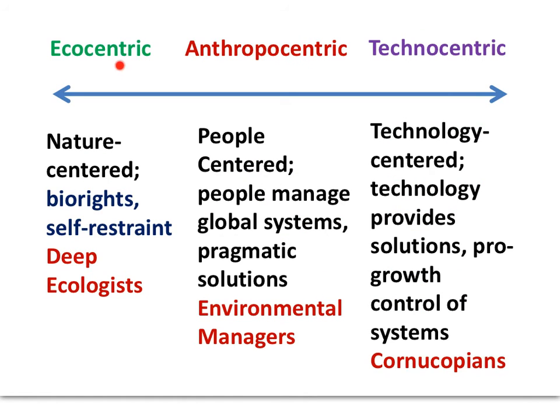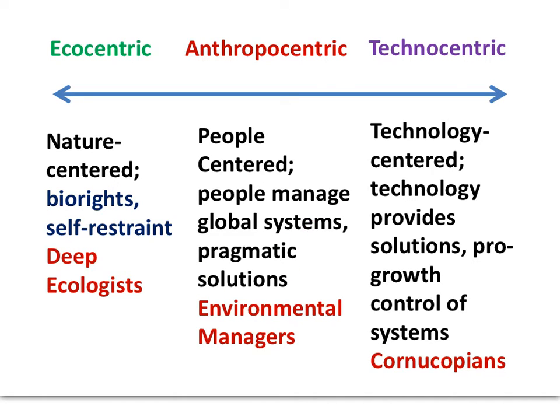Decisions made by the ecocentric value system would be nature-centered, biorights, and self-restraint in consumption. The decisions made by the anthropocentric value system would be people-centered, where people manage systems with pragmatic solutions.